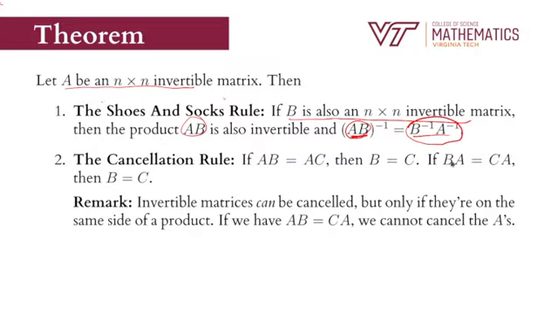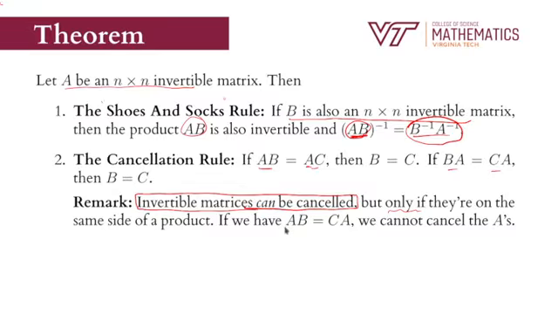In the cancellation rule, we saw earlier that cancellation usually doesn't work for matrices. But if A is invertible, it can be canceled. Invertible matrices can be canceled, but only if they're on the same side of a product. That is, either AB and AC with the A's both on the left, or BA and CA with the A's both on the right.